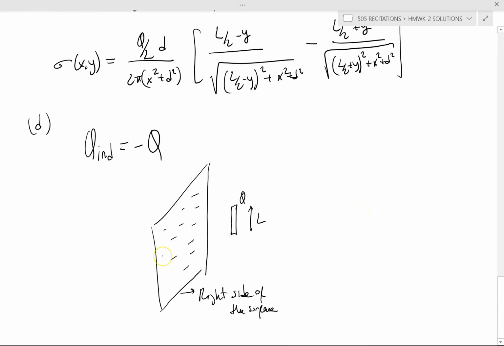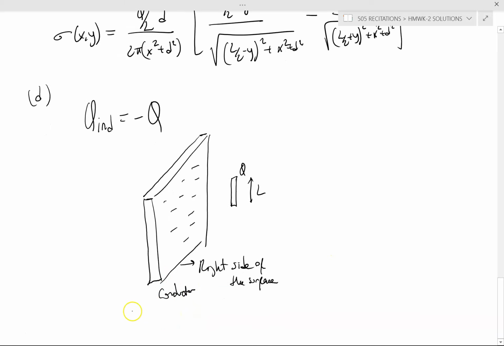Hence, why is it minus q? Because you see it's a thin, quite a small thickness, but it has still thickness, and it's a conductor, and by theory there does not exist any E field inside the conductor.